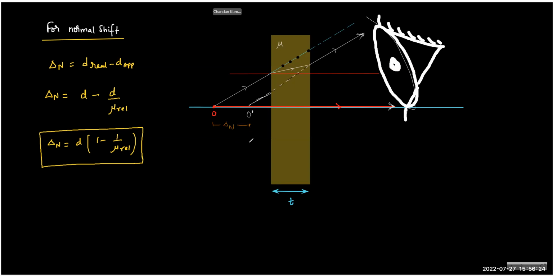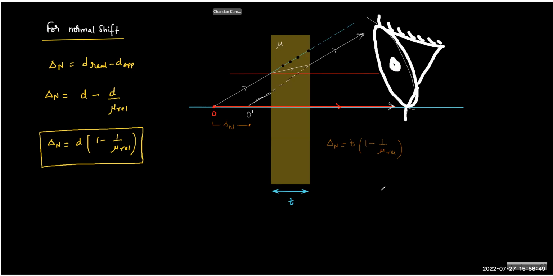And what is the logic? The logic is the normal shift has nothing to do with the object position. For near normal incidence, the normal shift is always thickness into 1 minus 1 by mu relative. Why am I writing mu relative? Because the shift is with respect to the observer, and it depends on in which medium the observer is present.